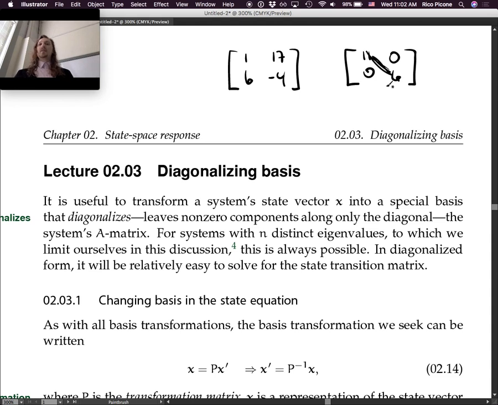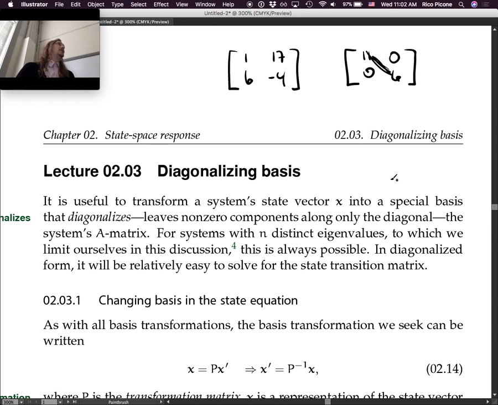I say that we can do that for most A matrices. We can change bases, and that changes what our state variables are. But like I said before, when we introduced state variables, they are not unique. The number of state variables is. So the number doesn't change, but you can change what they are.